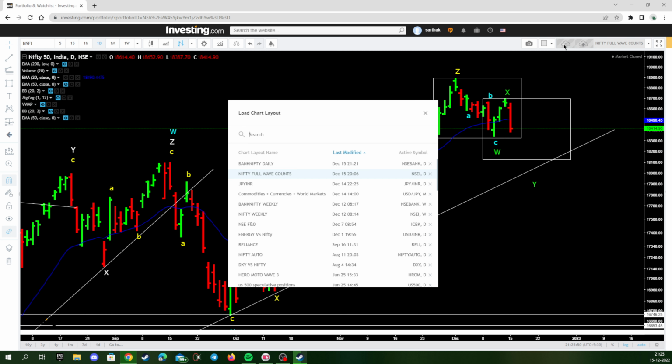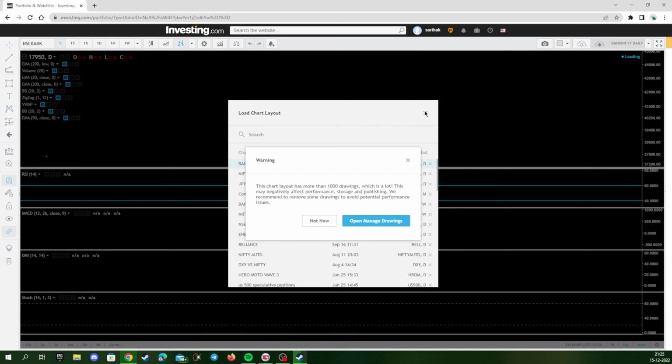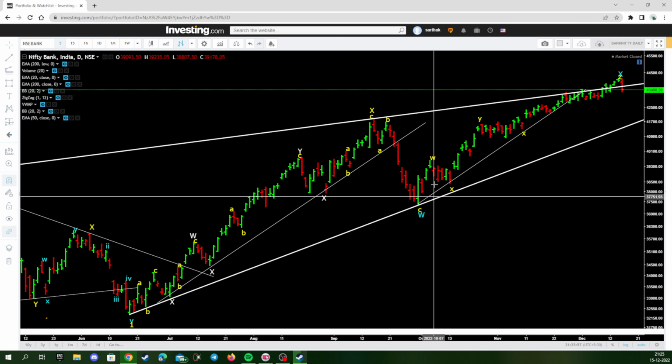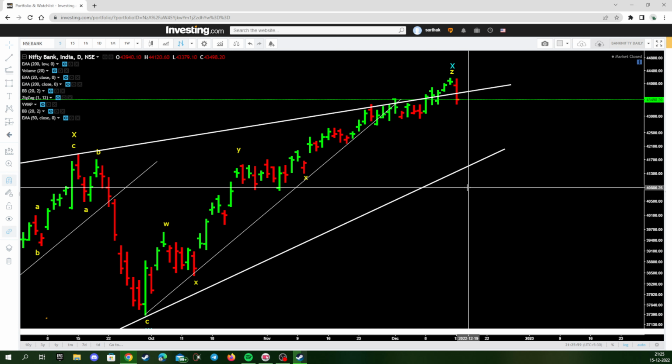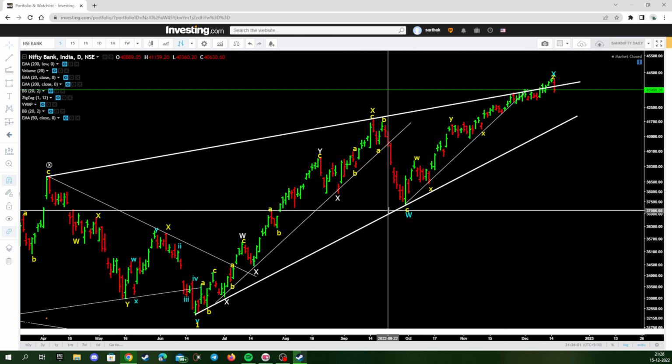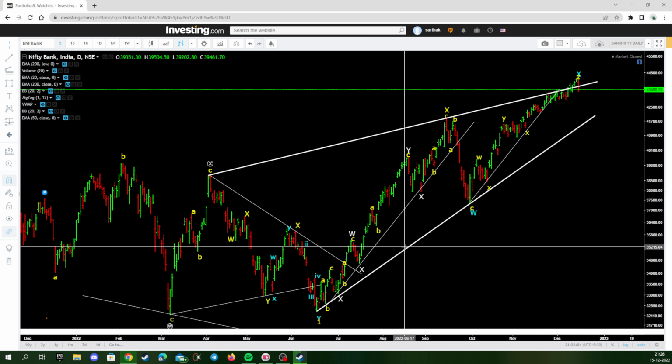If I have to look at Bank Nifty, so Bank Nifty, the counts are the same, WXYXZ, and with today's fall, it's possible that we might have made an interim top.